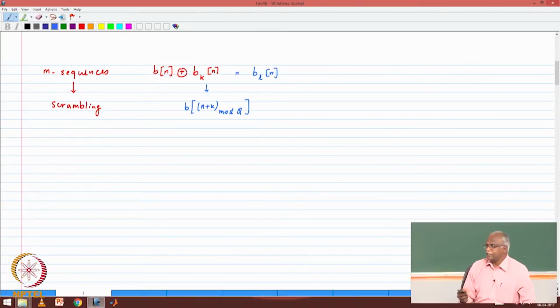We will actually see that this property plays an important role in today's discussion. So this is one of the properties of the M sequences.